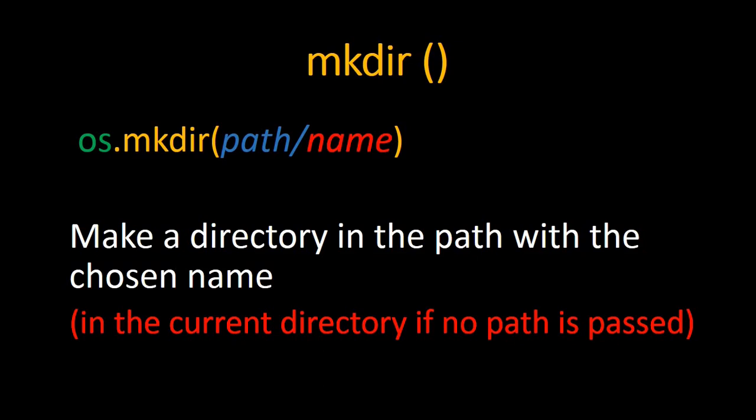Okay, now we will see two important functions of this OS module. mkdir. It will make a directory in the path with the chosen name. It takes two parameters, the path and the file name. So the file name, as you can see in red, is required, but you can leave the path empty, so the directory will be in the current directory.